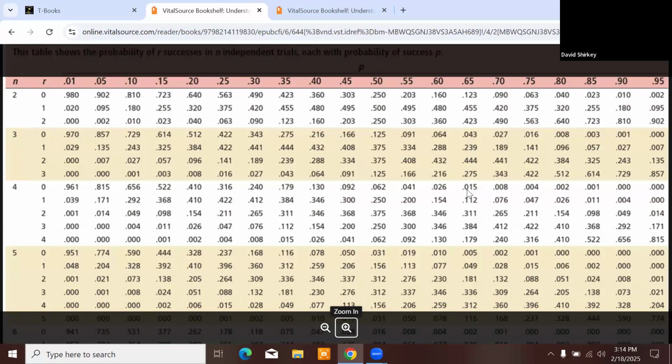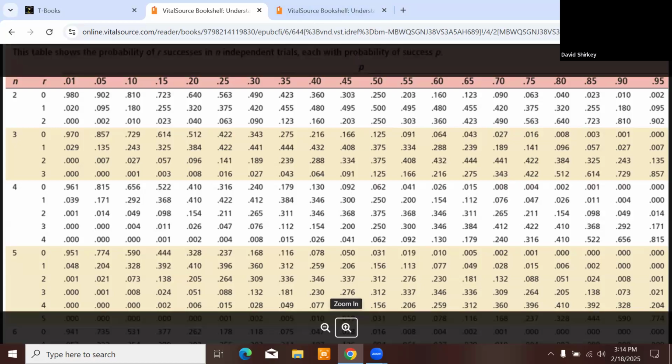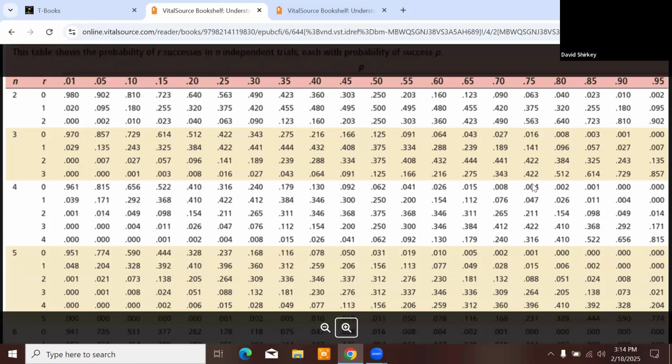So the probability that we're looking for would be 0, 1, 2, or 3 being subtracted from 1. If you pick N equals 4 and look at R equals 0, 1, 2, 3, we're subtracting those 3 probabilities in this column.